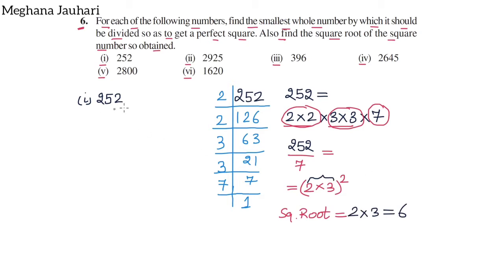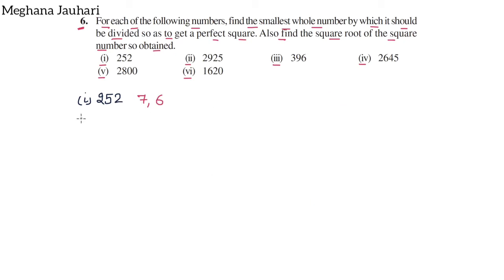And we know that 252 divided by 7 is 36 only. It means that our answer is correct. So we'll write 7 is the smallest number by which it should be divided, and 6 is the square root of that number. We have already discussed this whole concept in one of our previous videos.